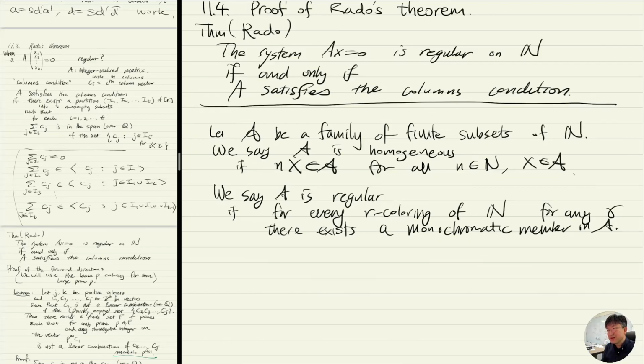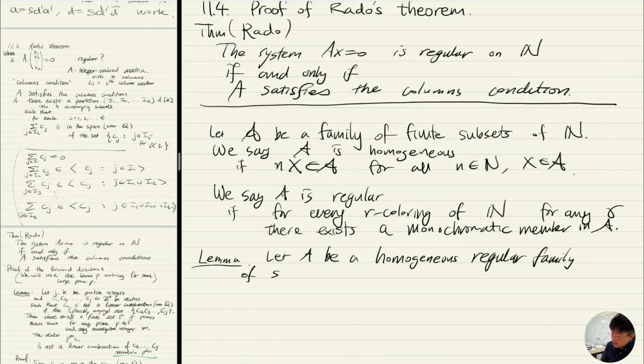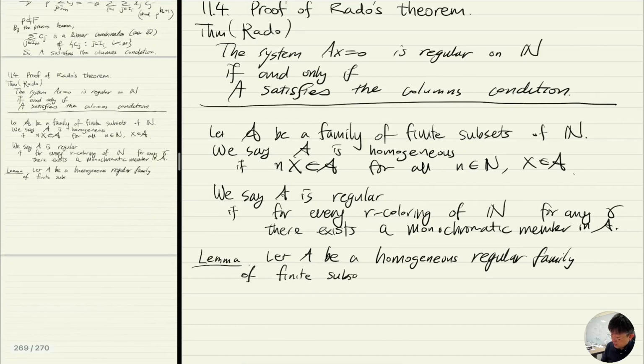All right. Now here's the first lemma. Let A be a homogeneous regular family of finite subsets of N, and let M be a fixed number.